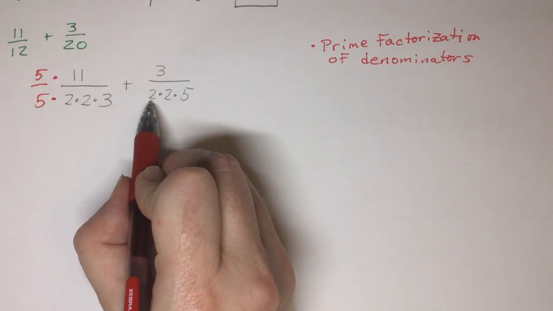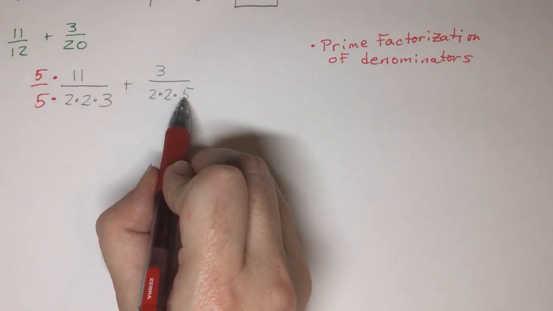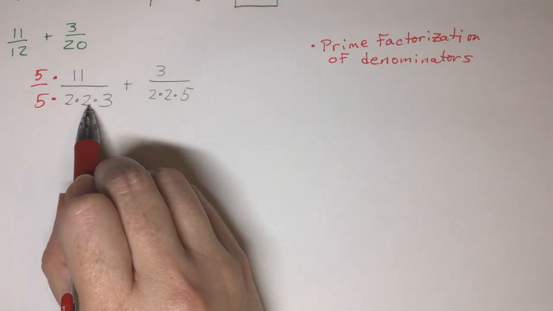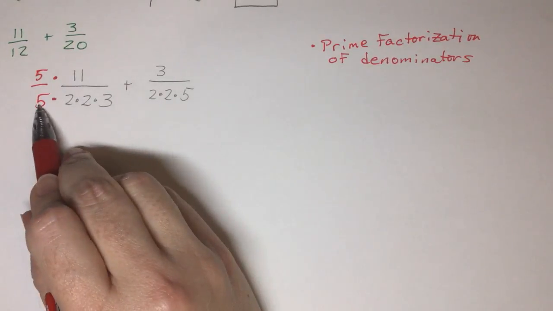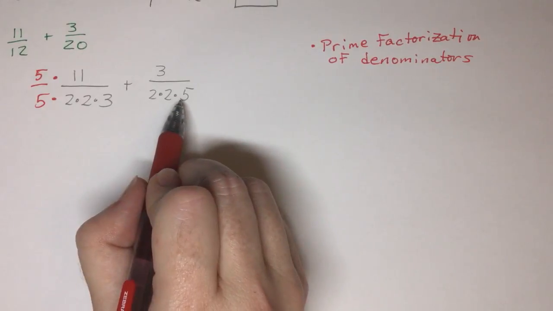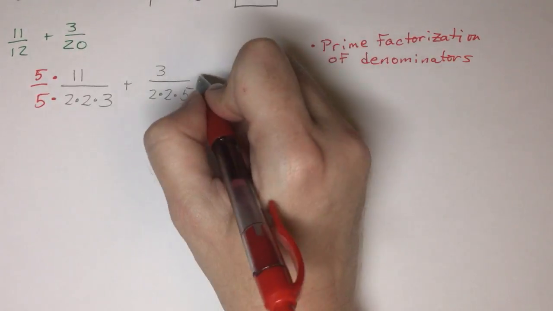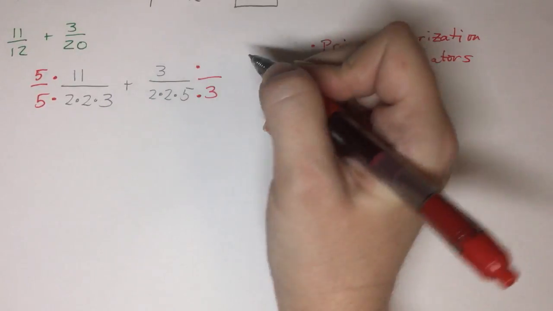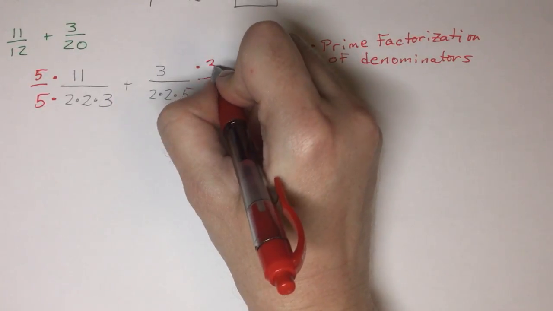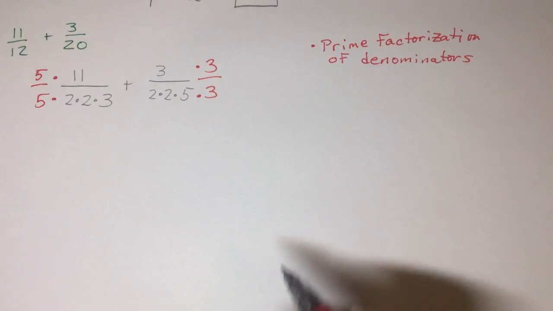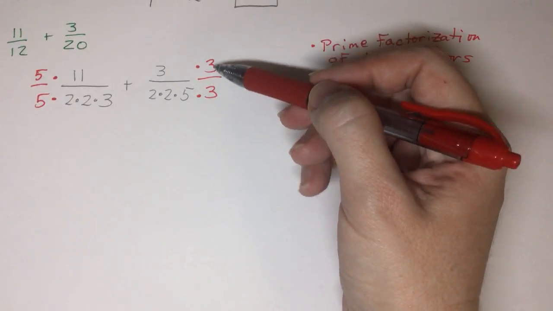Over here, 20, 2 times 2 times 5. 2 times 2, 2 times 2, I've got it. 5, got it. 3, don't have. Put in a 3. To avoid changing the fraction, I multiplied by 3 in the denominator. I have to multiply by 3 in the numerator, so I'm multiplying by 1.